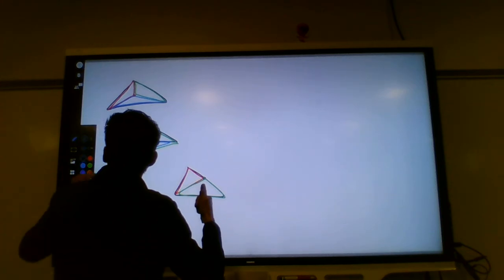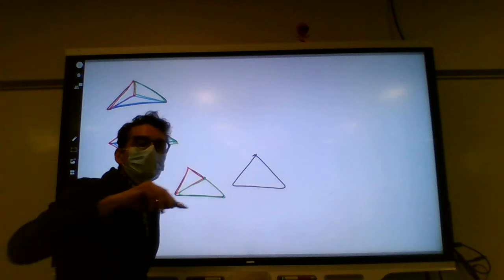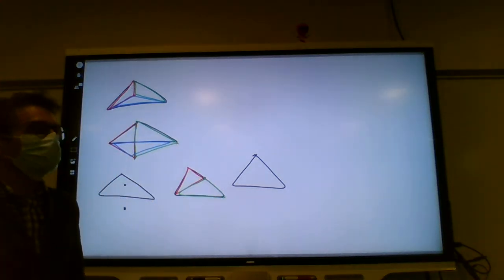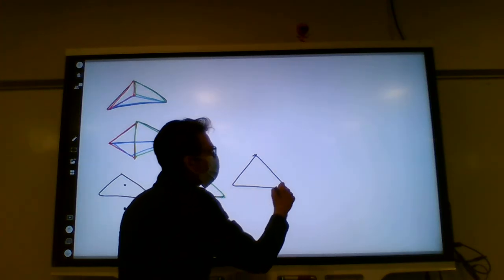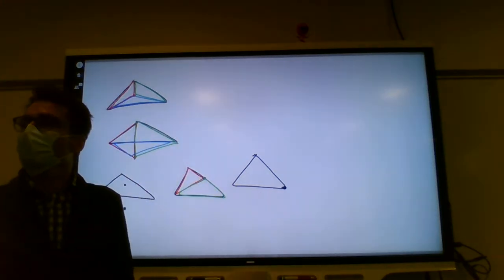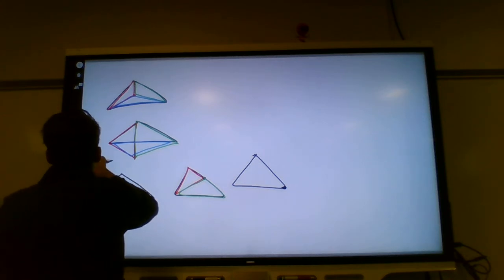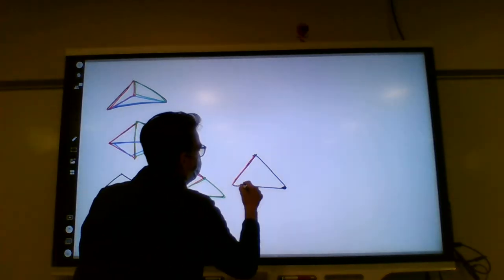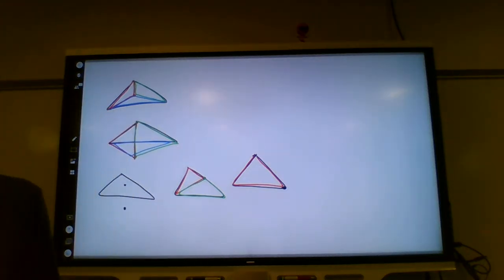What if two of them had area of 0? Is that possible? What would that mean if two of those small triangles had area 0? Yeah, that would mean that the point was on a corner. Then what would happen? The red triangle would look like that, and then the green and blue triangles would not really be triangles, they would be lines, they would have area 0.